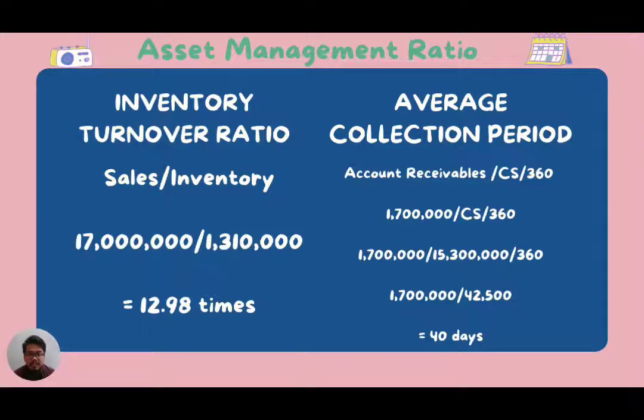The average collection period, which we take from accounts receivable, which is 1.7 million divided by credit sales of 15.3 million divided by 360 days. First, we divide credit sales by 360, equal to 42,500. Then we divide 1.7 million by that, equal to 40 days.